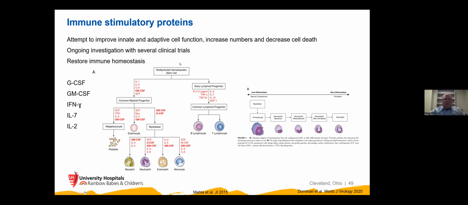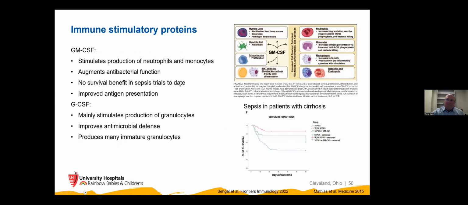And so what can you do? You can look at some of the growth factors and stimulating factors that augment the immune response in the first place. We often will look at GCSF or GM-CSF to stimulate neutrophil and monocyte production, giving patients interferon gamma to activate the T cell response, or IL-7 to promote T cell proliferation and growth.